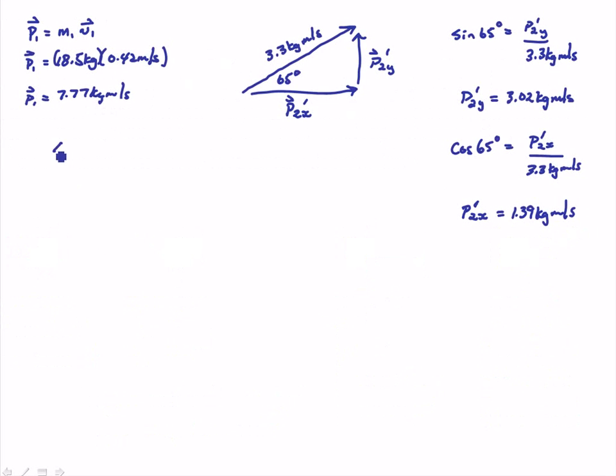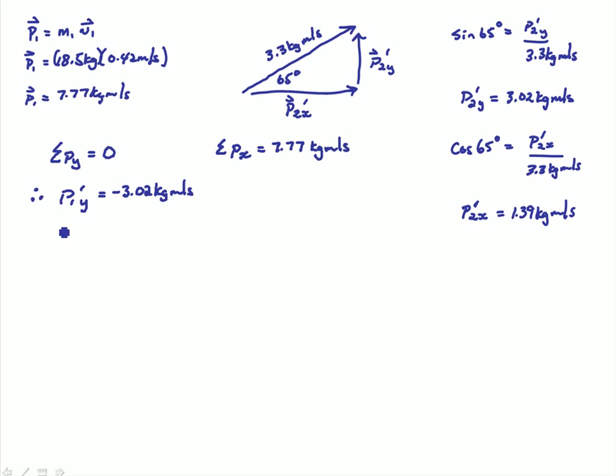Since we know that the total momentum in the y direction equals 0, then we can write, therefore, momentum of object 1 in the y direction after is equal to negative 3.02 kilogram meters per second. We also know that the momentum in the x direction is going to equal 7.77 kilogram meters per second.